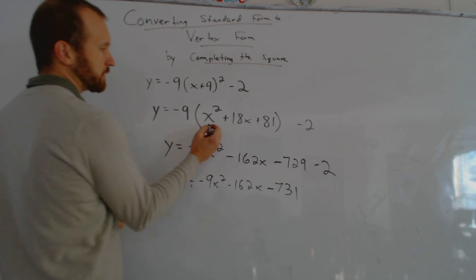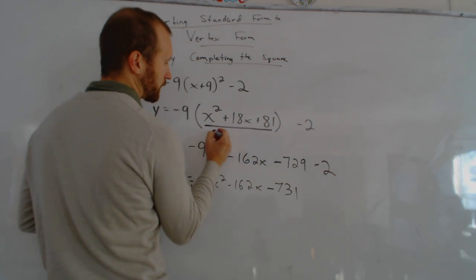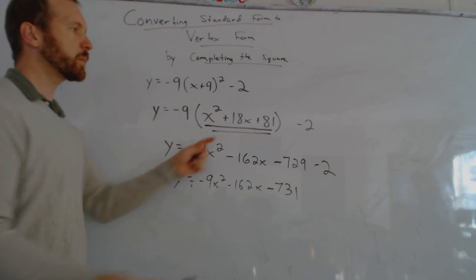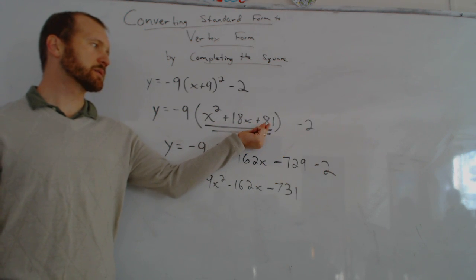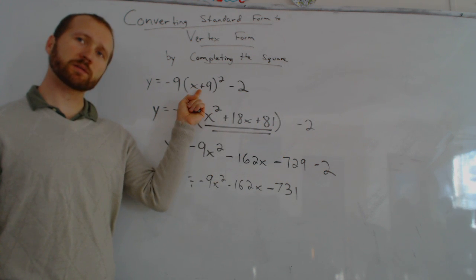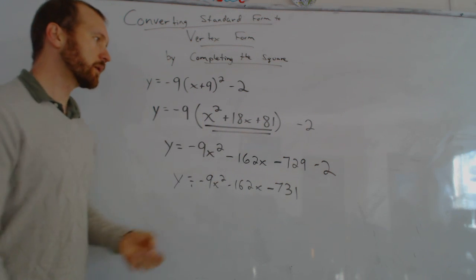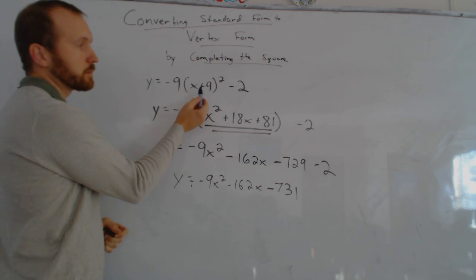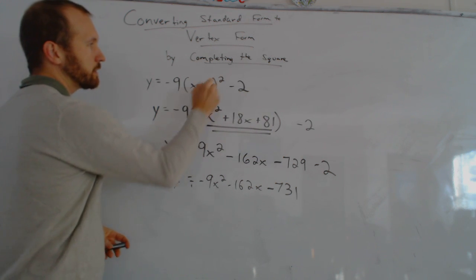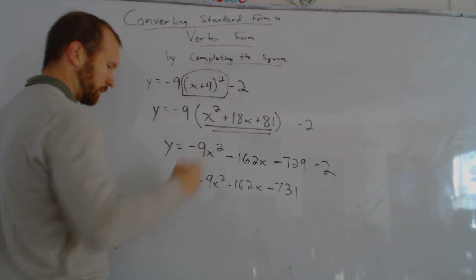Because I purposefully created this. Going the other way, I purposefully split up my numbers so that I would have this perfect square. 81 is 9 times 9. So I turn this into this. Let me use colors.